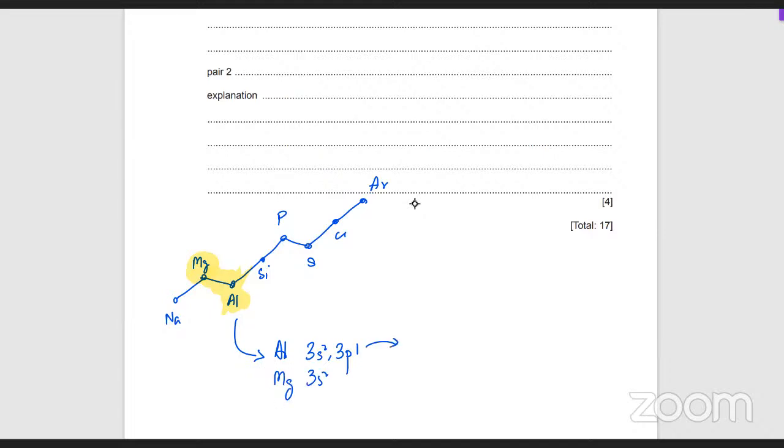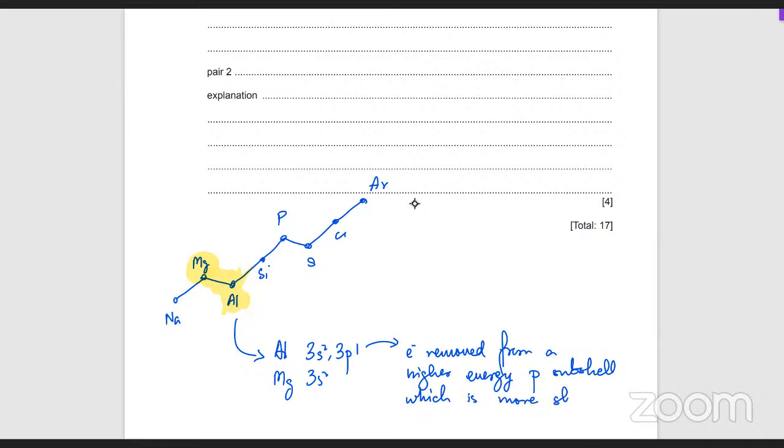So it's easier to remove electrons from a higher energy p subshell, which is more shielded.